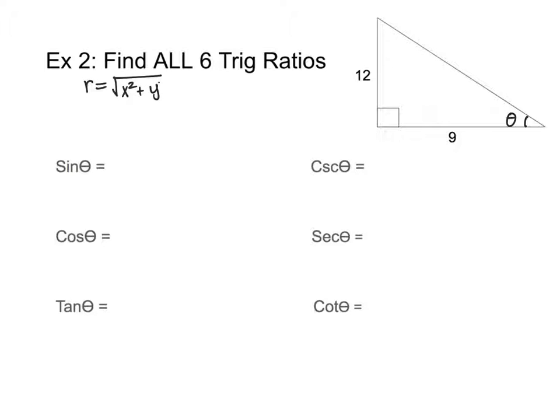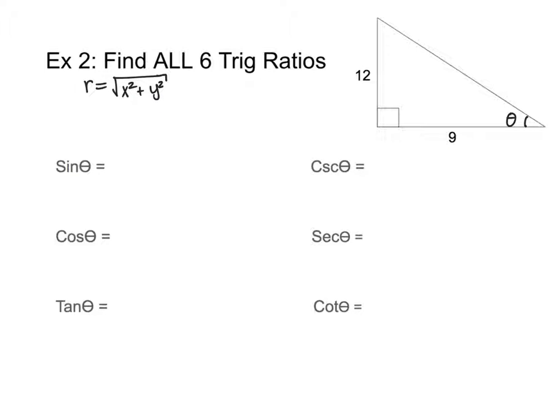But I like to keep things suspenseful, so until then. So this was the formula we were using, and what we need to do is plug in our x's and y's, or two sides. So I'm going to plug in 12 and 9 into here.